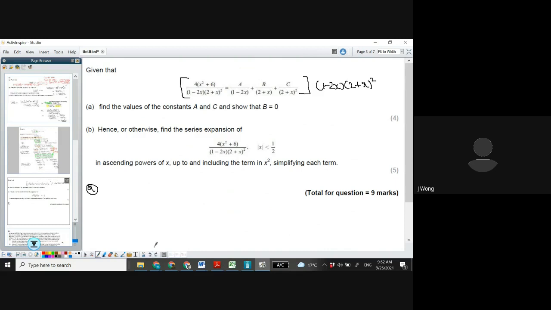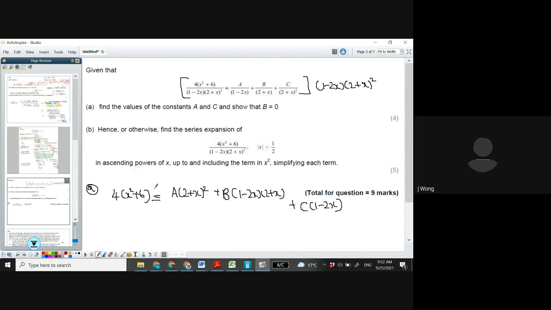Therefore, the first one, you will just have 4 bracket x squared plus 6, because they will just cancel precisely. So you have a times (2 plus x) all squared. The 1 minus 2x got cancelled when you're opening up the second one. Now the third one, you'll have b(1 minus 2x)(2 plus x). And then finally it is c plus c(1 minus 2x).